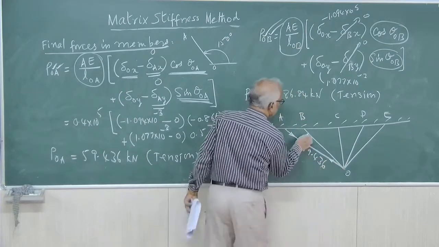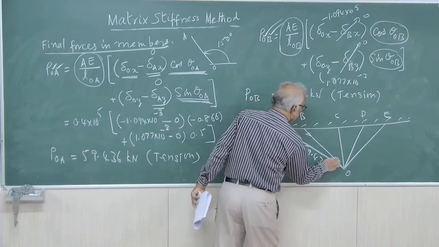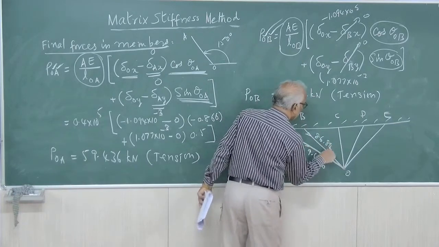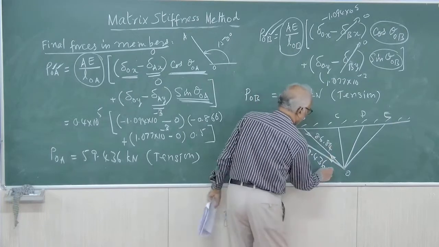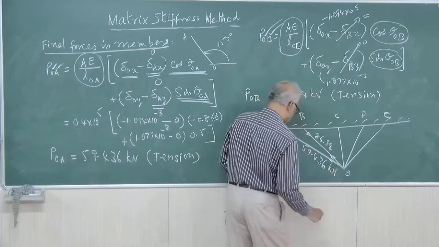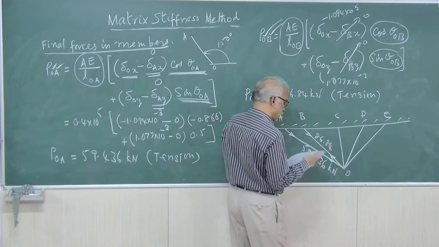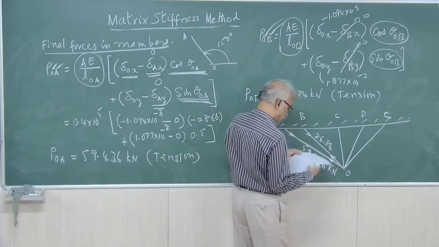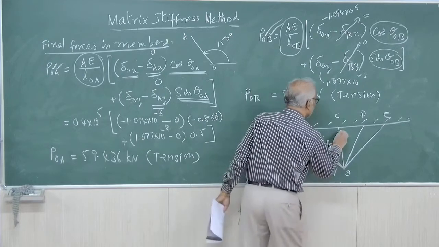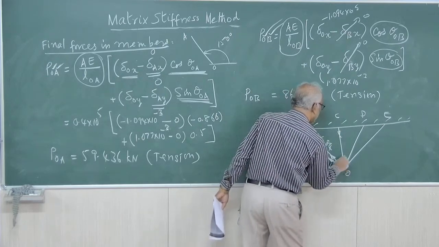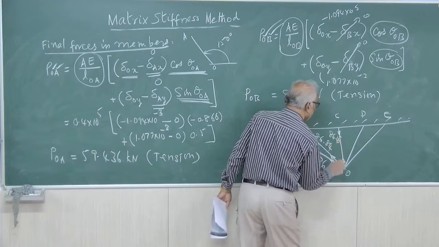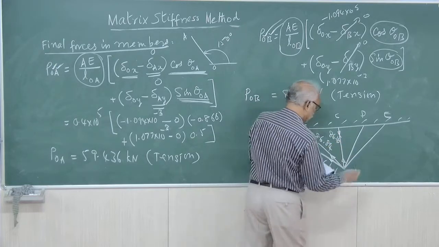This is again tension, whose value equals 86.84 kilonewton. Then 86.16. So this value is again tension, 86.16. This is tension.